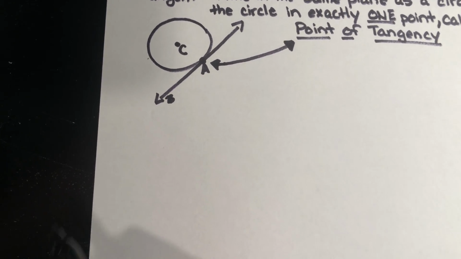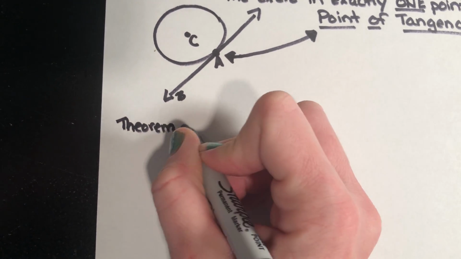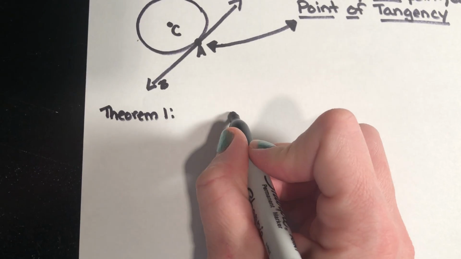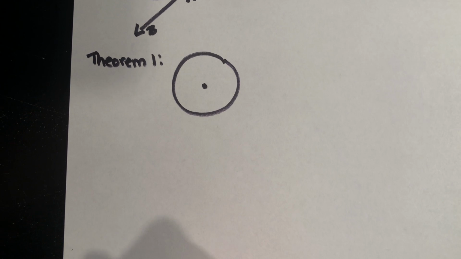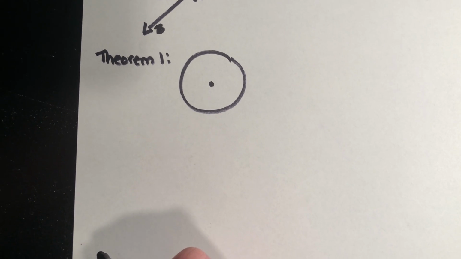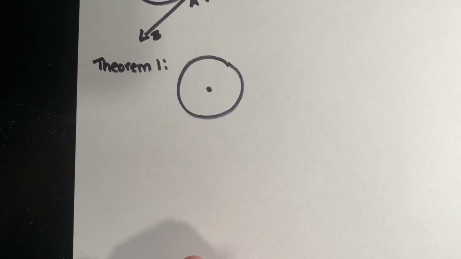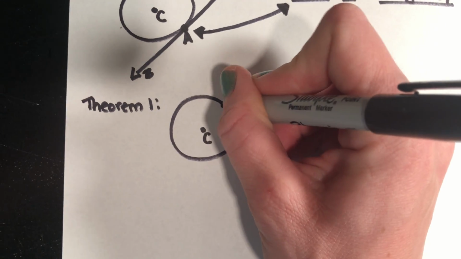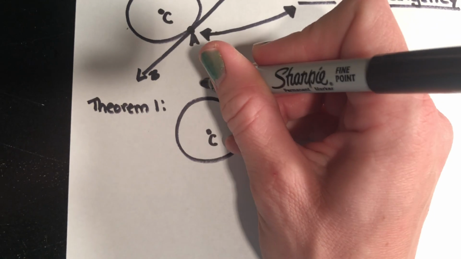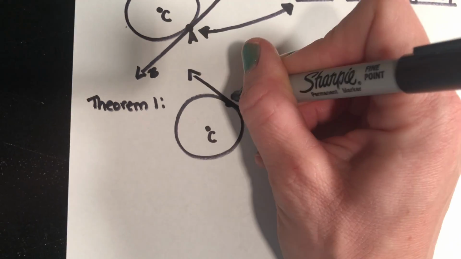There are two theorems that go along with this. So theorem 1 is that a tangent to a circle is perpendicular to the radius if it's drawn to the point of tangency. So what does that mean? Well, if we have, let's say, the same circle here. Actually, let's put the tangent line coming like this.